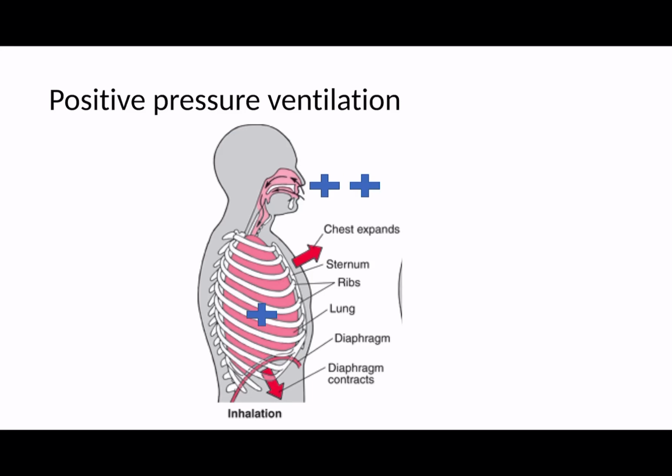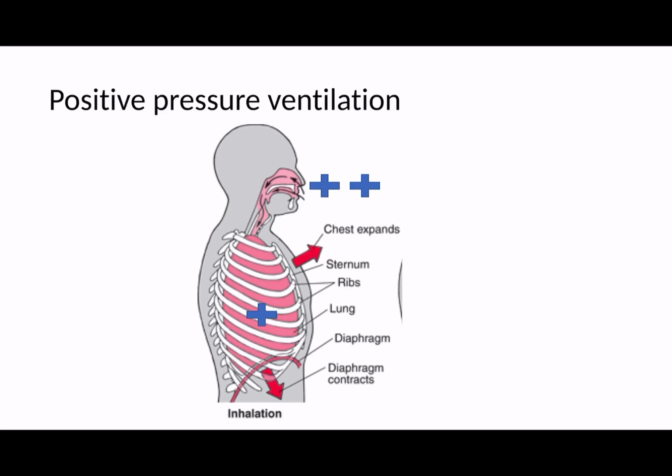So now during inspiration, you are generating a positive pressure inside the lungs. And that positive pressure is what's causing the chest wall to rise and hopefully the diaphragm to push down. It is not active in any way, but now you've got a positive pressure. Remember what I said about blood flow.